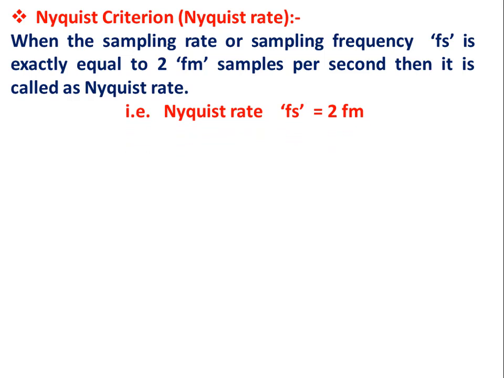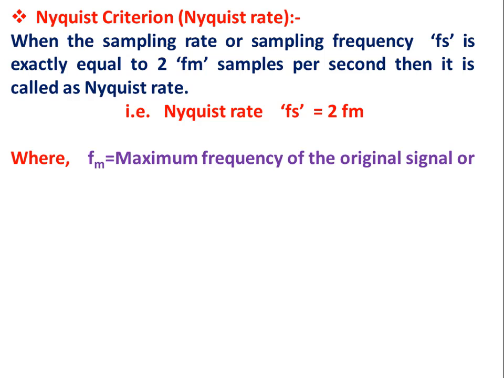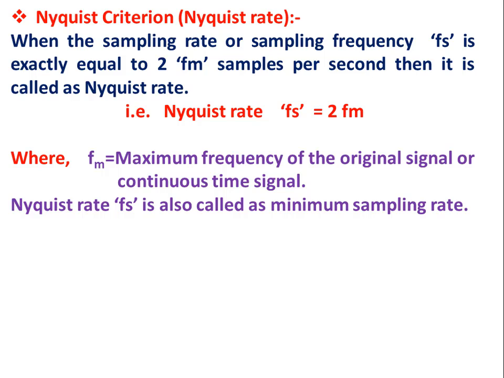So the Nyquist rate Fs is equal to 2 into Fm, where Fm is the maximum frequency of the original signal or continuous time signal x(t). The Nyquist rate Fs is also called the minimum sampling rate, at which the sampling process can obtain the minimum number of sample values.